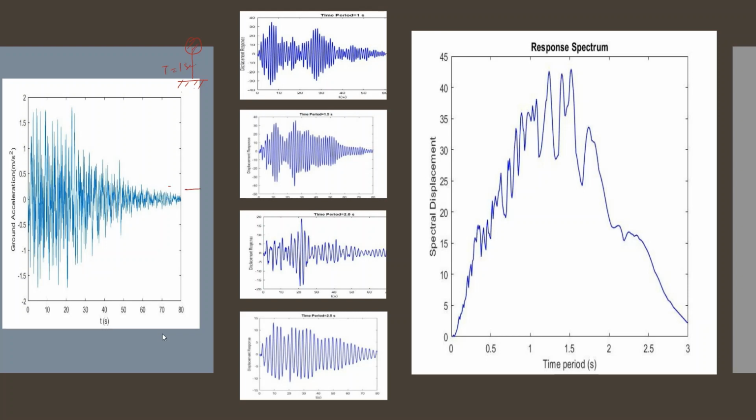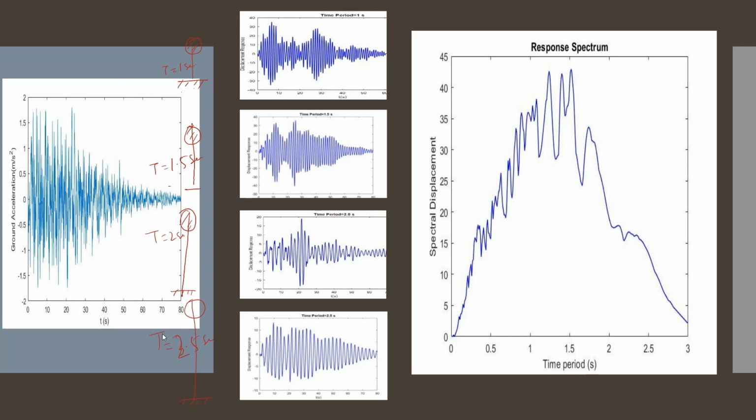For this building it is 1.5 seconds, a somewhat longer time period. This building would have more than that, t equals 2 seconds, and this building would have the maximum, t equals 2.5 seconds.